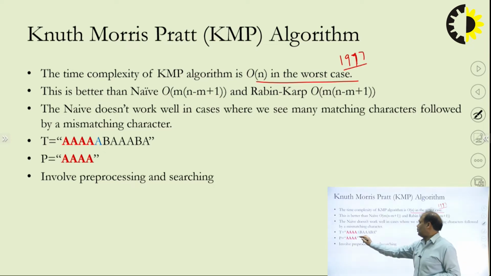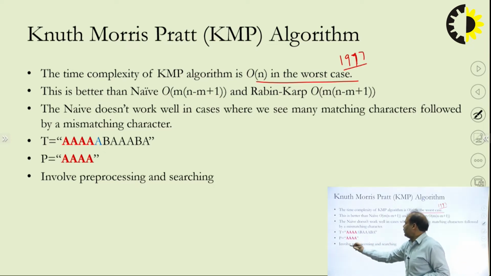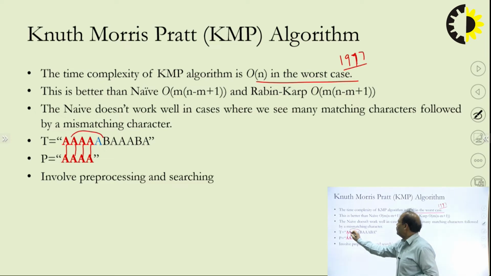Look at this question. If we have this text and this pattern, this is matching, this is matching, this is matching, this is matching. Correct matches, no problem. But if you are taking the naive algorithm, it will try another shift and again start comparing triple A again.